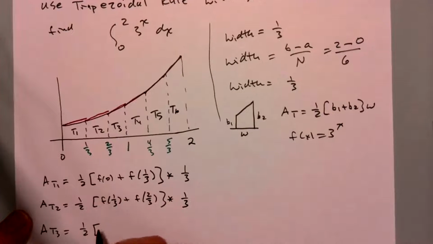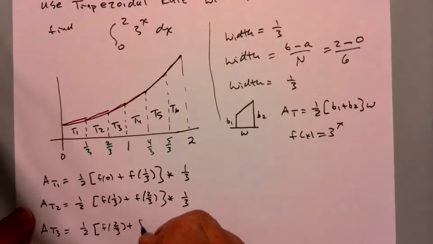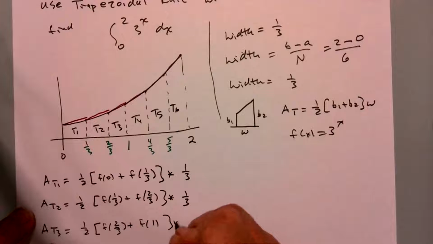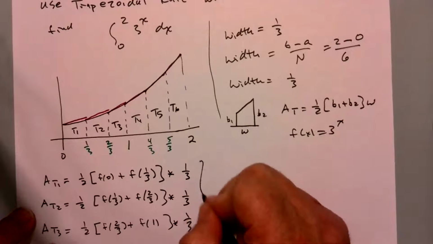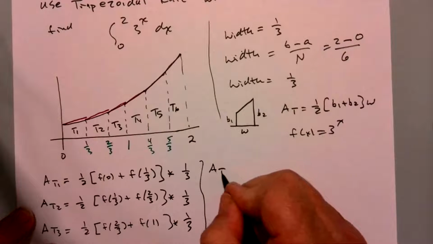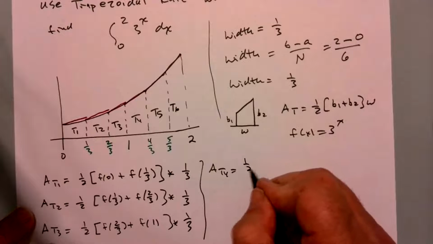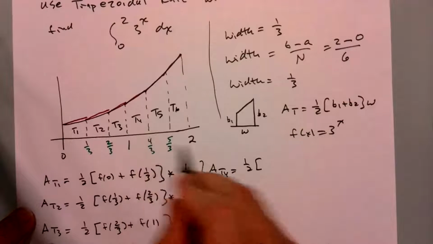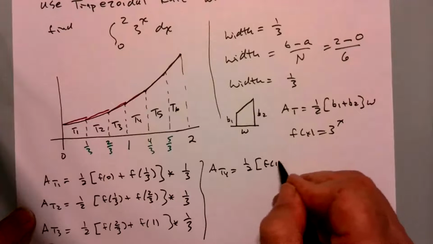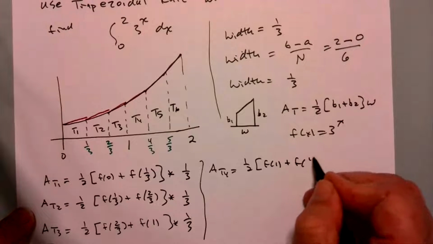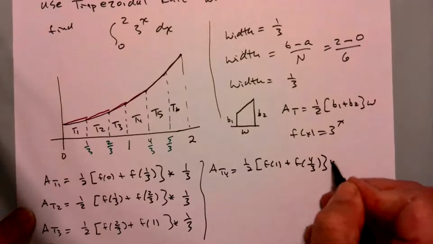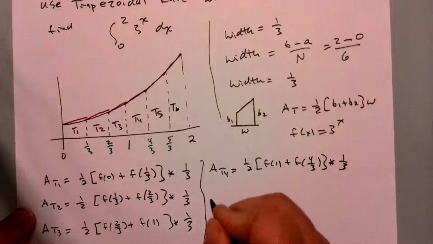Trapezoid 3: f of 2/3 plus f of 1 times the width, which is 1/3. Area of trapezoid 4: 1/2 f of 1 plus f of 4/3 times the width, which is 1/3.